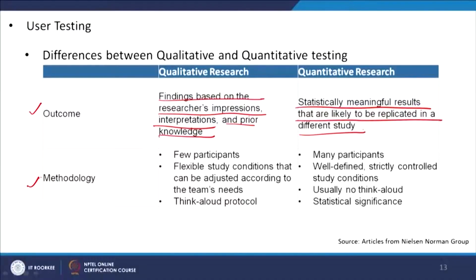The methodology: it can happen with a few participants. Qualitative research is a flexible study, and conditions can be adjusted according to the team's need. There can be different follow-up questions, and even the setup can be different. Some qualitative research can be done in a virtual setup, some with some users in a real setup, and some in a different setup, because we are not comparing the numbers between different user groups.